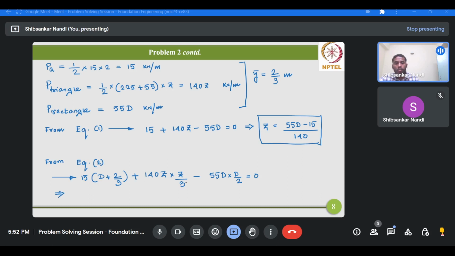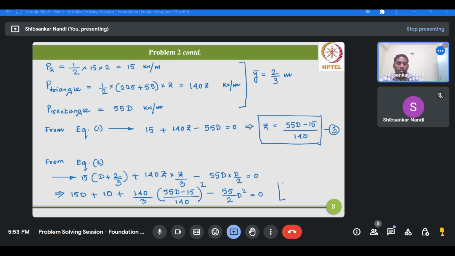Now we'll substitute the value of Z from equation 3. Suppose this is your equation 3. So we'll substitute the value of Z in terms of D from equation 3. So it will become 15 D plus 10 plus 140 by 3 Z square. Now Z square means ((55D minus 15) divided by 140) square, minus 55 by 2.